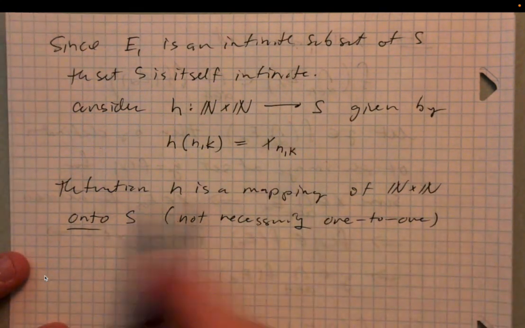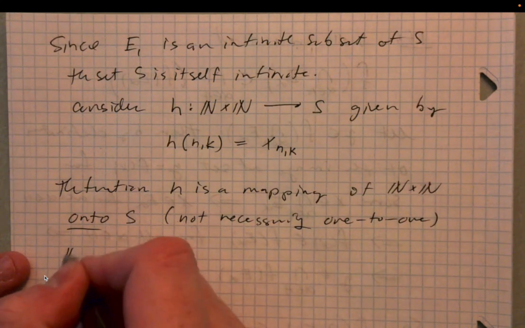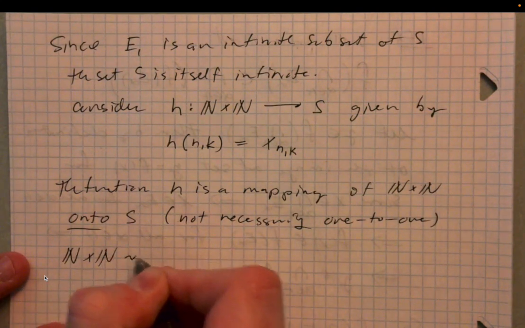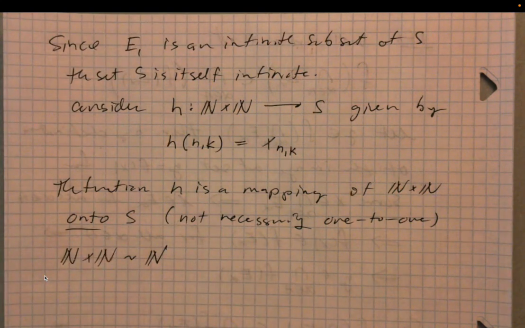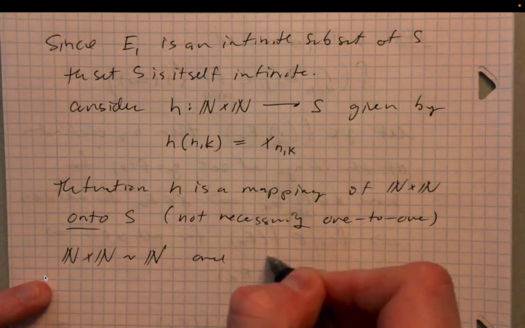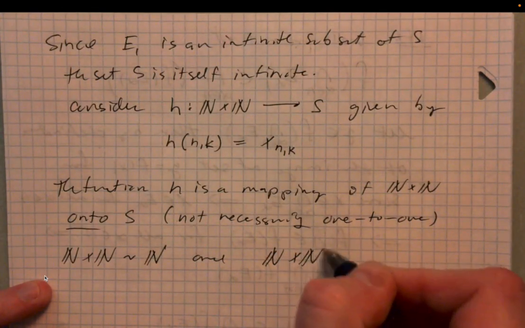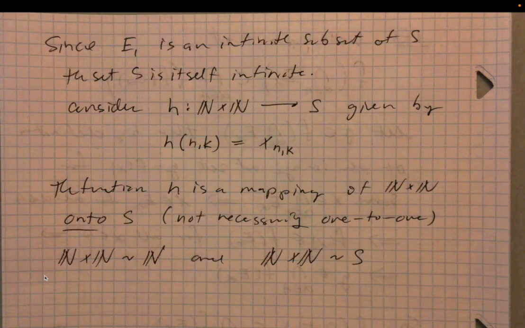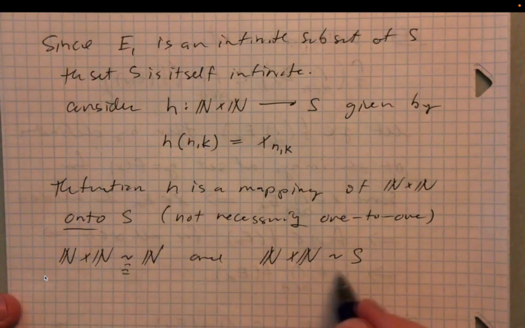Okay, but what do we know here? What do we know about n cross n? Well, we already saw earlier that n cross n is equivalent to n, right? Okay, and now we see that an onto function between n cross n and S exists. And so that means n cross n is equivalent to S as well. So these are equivalence relations, right?